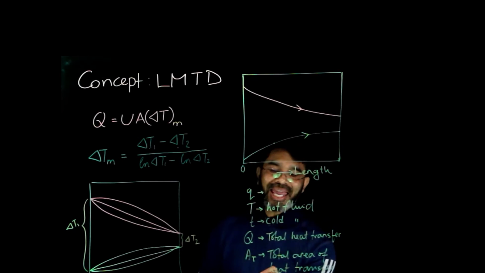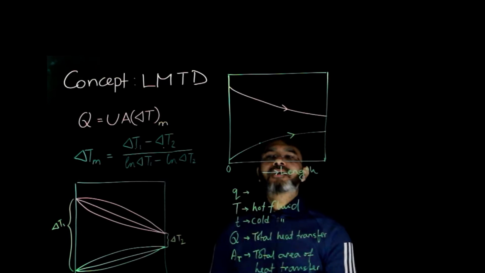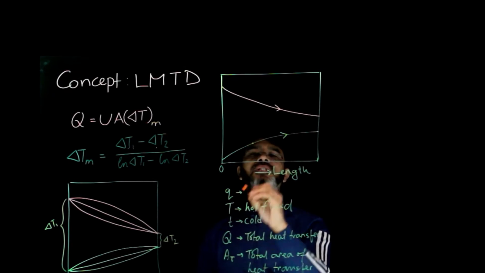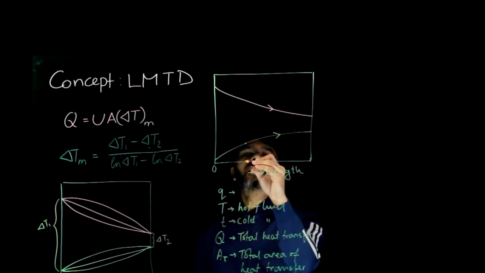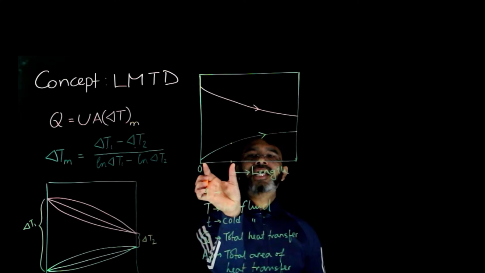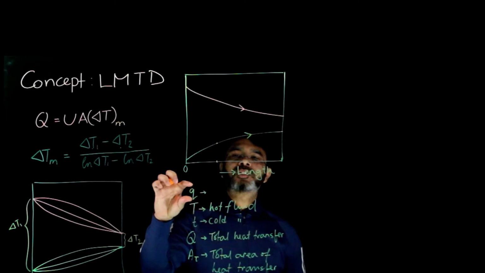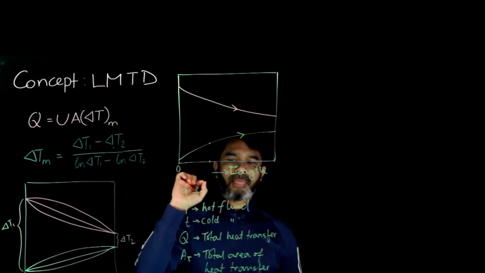And we'll use A to denote the area from one end to a certain point. So if I take this point here, the area from the one end, which we consider zero, to a certain point we consider to be A, and the cumulative heat transfer to be q.